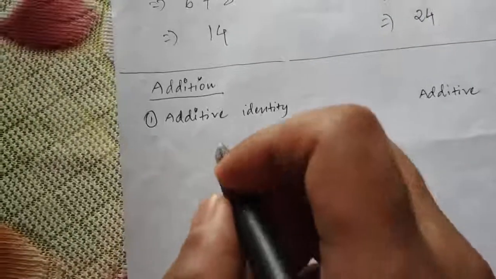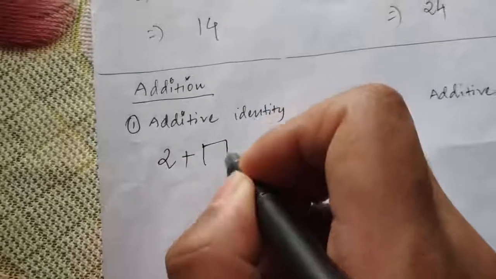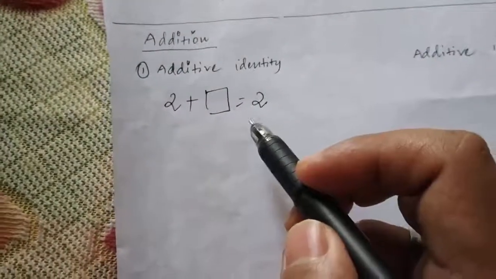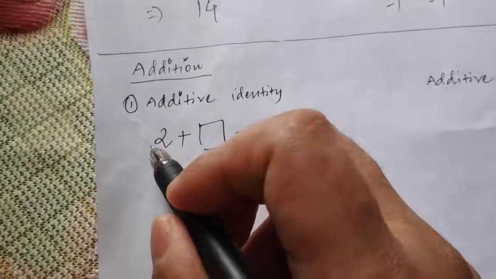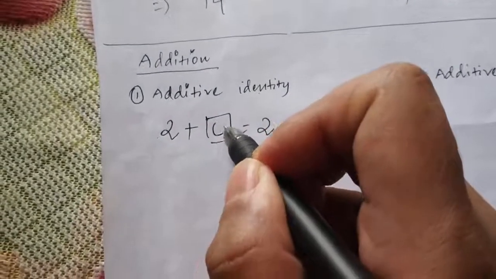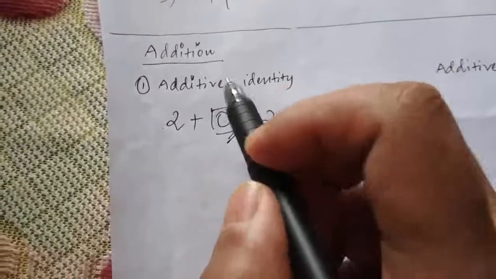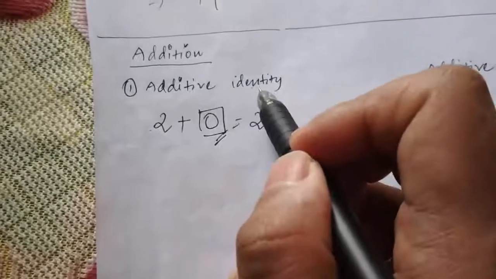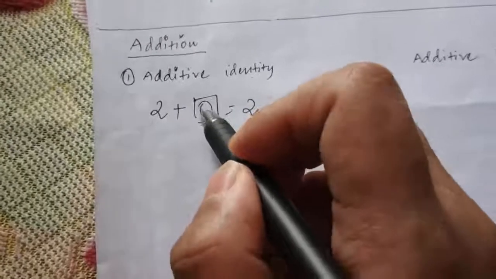Okay, for example, if I am provided with the integer 2 plus what will we add here so that we will get the same answer? So we already know that any integer added with 0, we get the same integer. So this property is known as the additive identity property of addition, and 0 is known as the identity element.